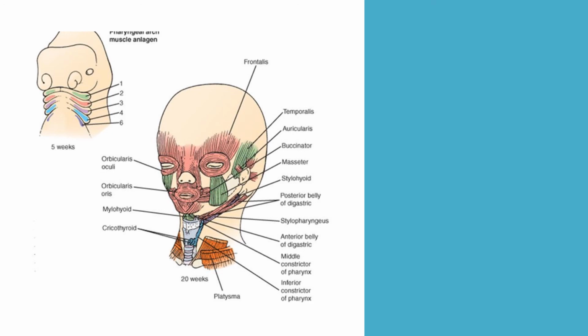Next one is the fifth arch. This fifth arch is going to disappear. The sixth arch forms all the muscles of the larynx except the cricothyroid. It is supplied by the recurrent laryngeal nerve.